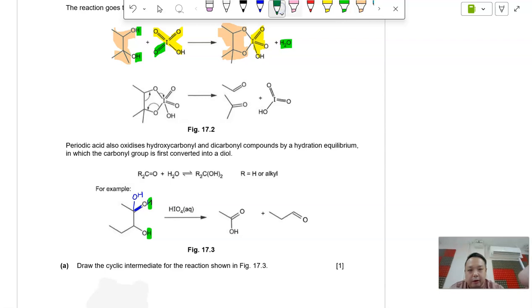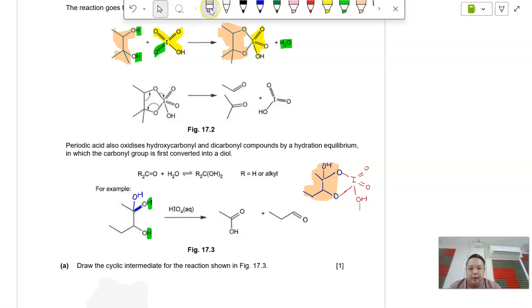So let's try to draw the compound out first. First of all, we have OH, O, O. So this is the fragment from your alcohol, and then we form the bond with your I, double bond O, OH.